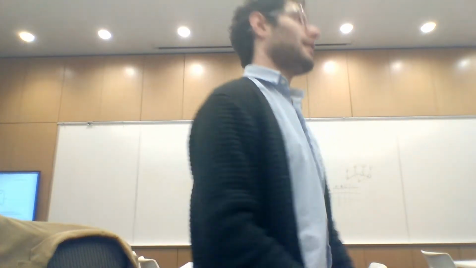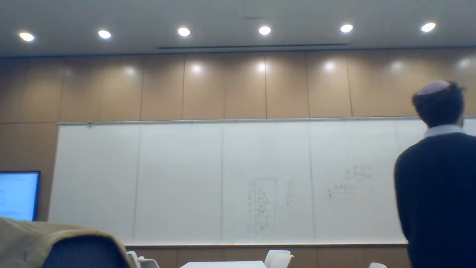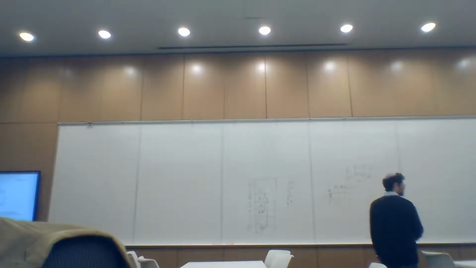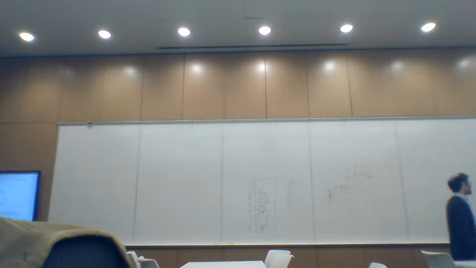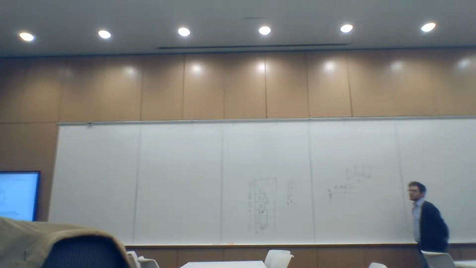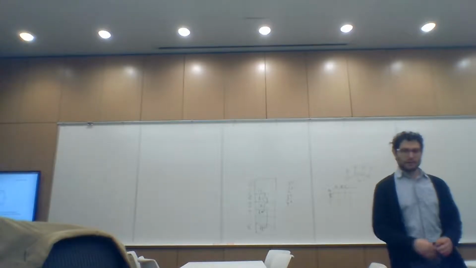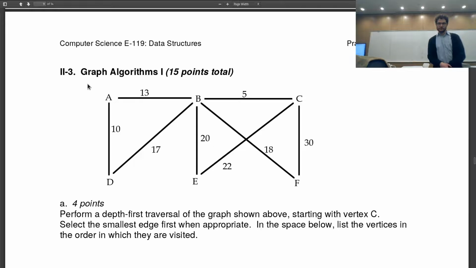So let's go ahead and now take a look at graph algorithms, something that we had done previously. So here is a depth first, question 1, or A. On this graph, we want to perform a depth first traversal starting with vertices C. Interestingly, it has edges because we're going to use those.